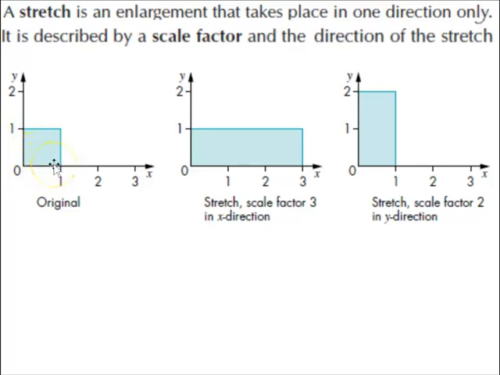A stretch of scale factor 3 in the x direction would multiply that 1 by 3 in the x direction, but in the y direction the height of the rectangle would remain the same. If the stretch was a scale factor of 2 in the y direction, the original 1 unit would become 2, because 1 times 2 is 2, but the width of the rectangle would remain the same.